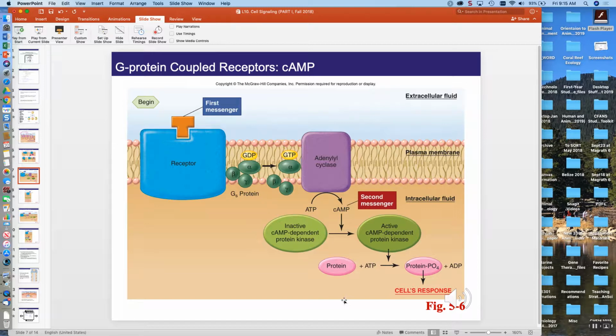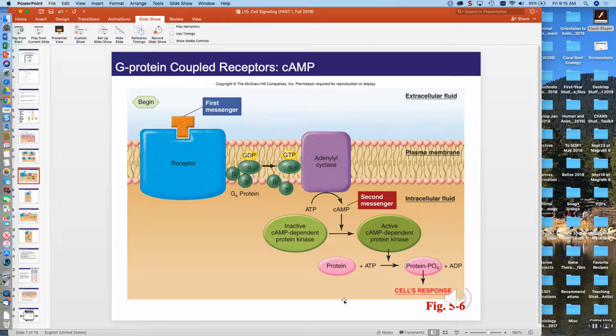The pathway is pretty much the same, so I don't have to redraw anything, except when the alpha subunit migrates over. So acetylcholine binds to the muscarinic receptors, does the same thing. It's a conformational change. It exchanges GDP for GTP, starts the timer ticking, migrates over to adenylyl cyclase. But in this case, instead of stimulating adenylyl cyclase, it inhibits adenylyl cyclase.